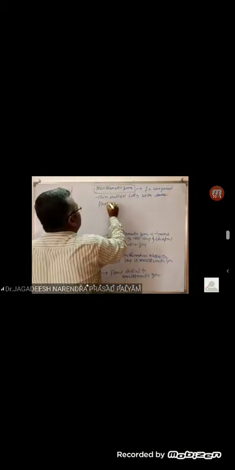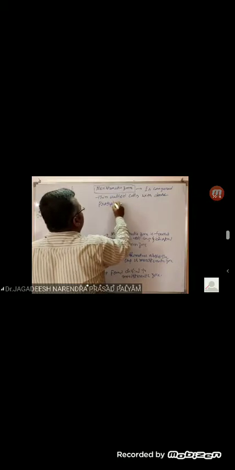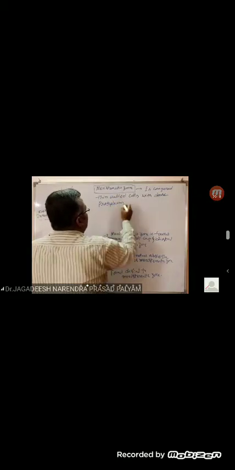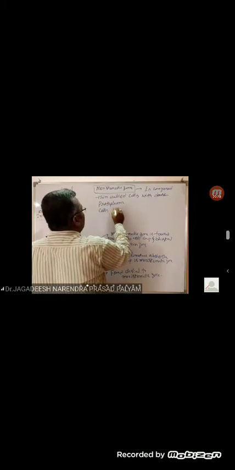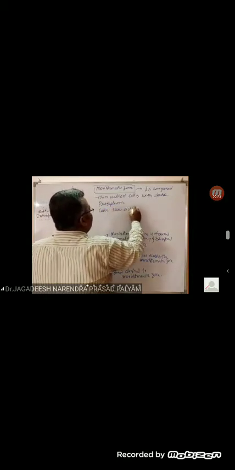Dense means heavy protoplasm. And the cells show active cell division.